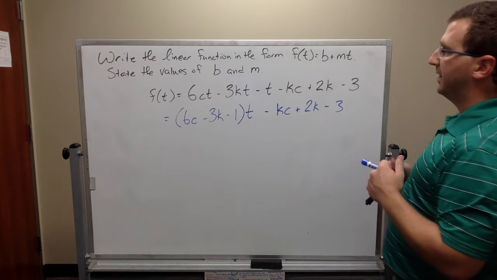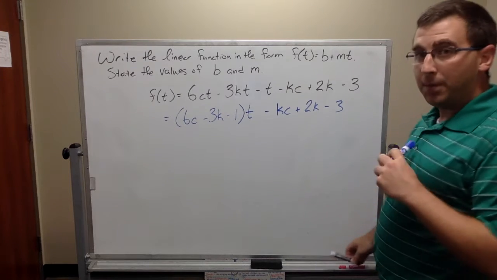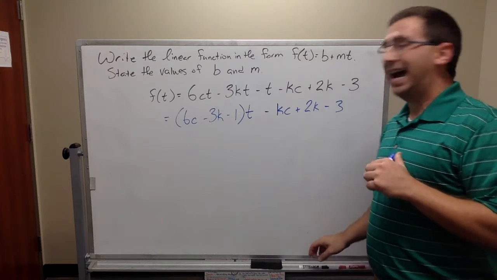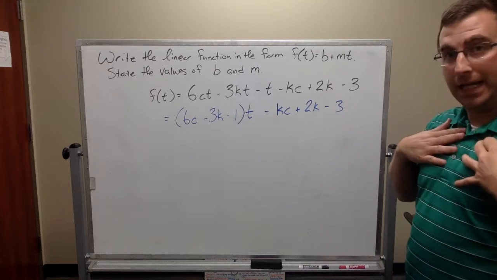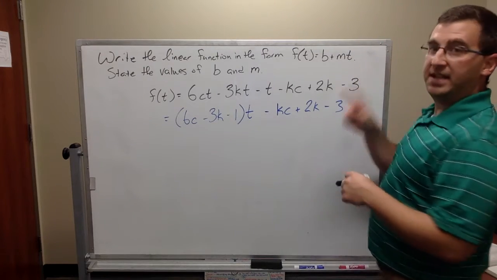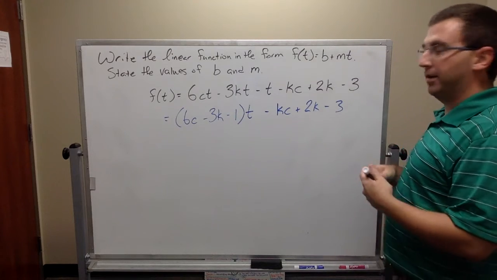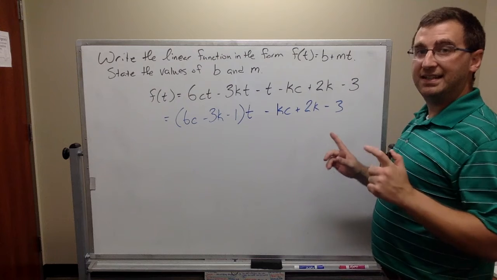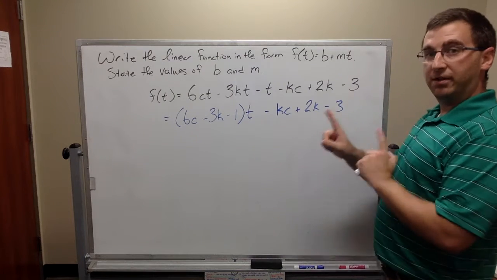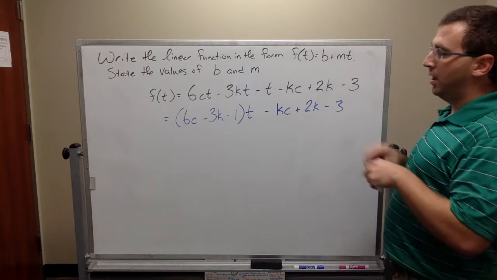So, in the form of b plus mt, and state your values of b and m. For me personally, as your instructor, it does not matter to me if you have it listed as mt plus b or b plus mt. It does not matter. The reason why I'm saying that is because addition is commutative. Does not matter which order you have it as long as it's there.